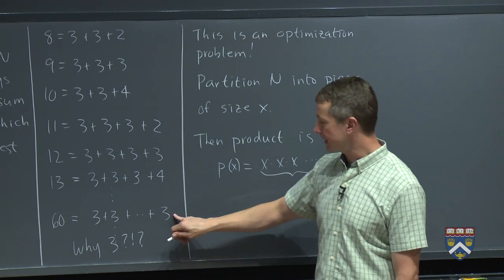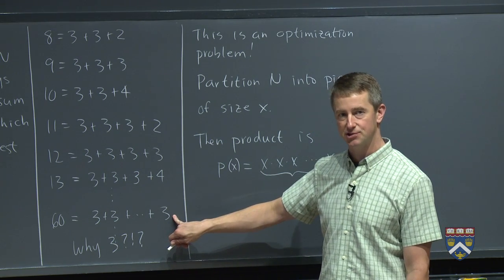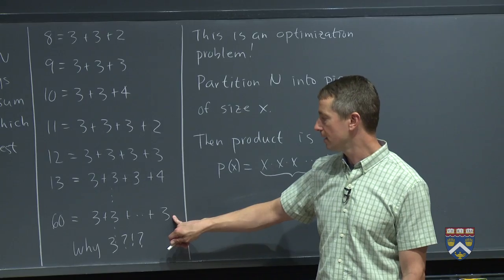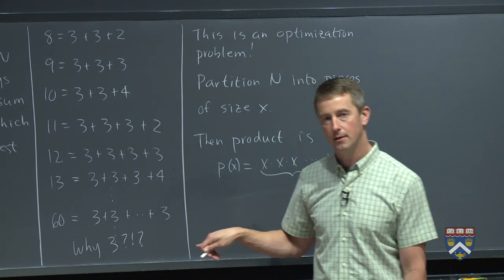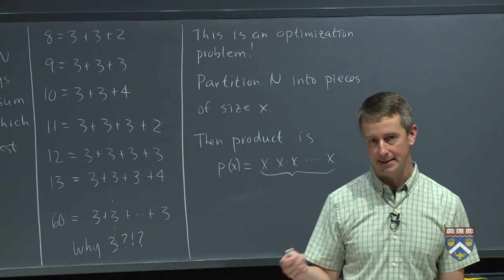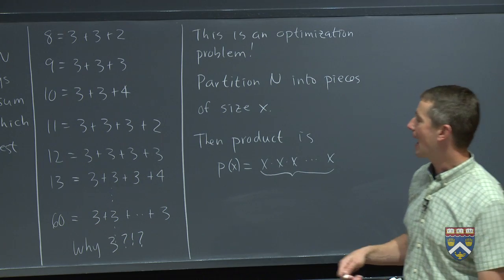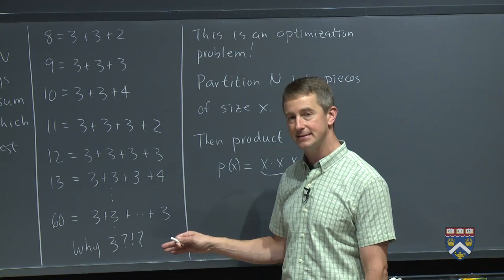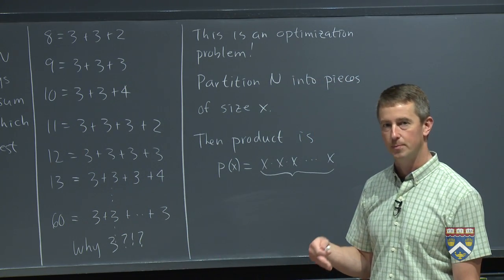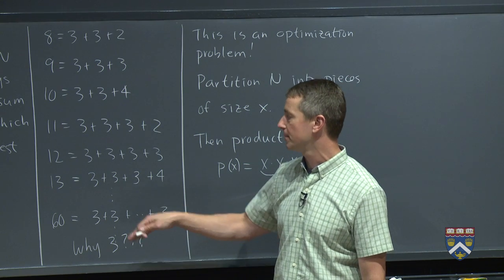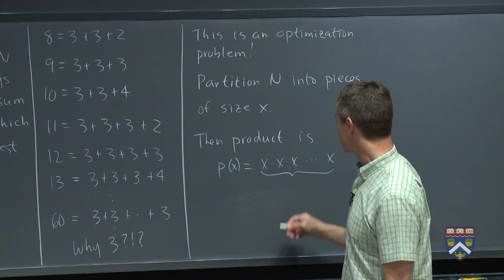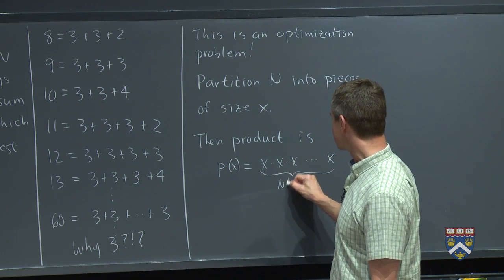Well, for 60, if I break it up into pieces of size 3, meaning x is 3, how many pieces are there here? I hope you're saying 20, because that's 60 divided by 3. And if this had been pieces of size 10, there'd be 6 of them, because 60 over 10 is 6. So there are n over x of them.